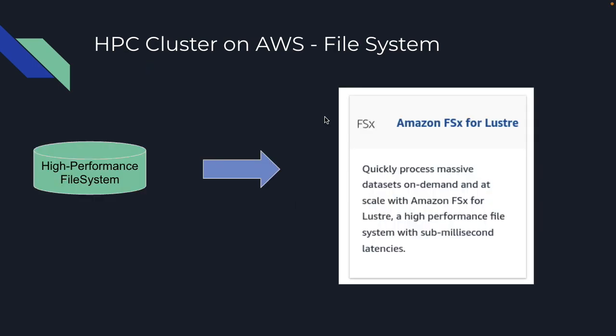But in AWS terms, one thing you can count on is a product called Amazon FSx for Lustre. So that's a high-performance file system, which basically they will set up a cluster for you and give you the instructions to mount that into the machines that you are interested in.